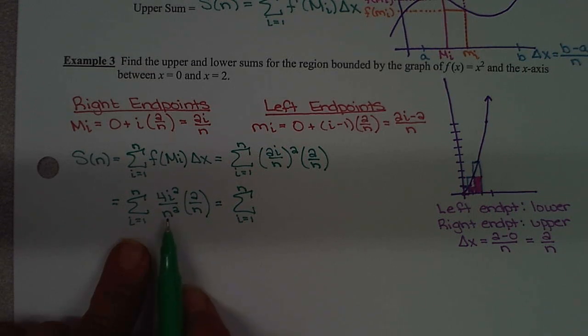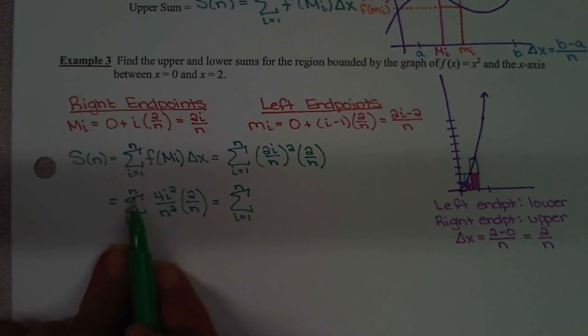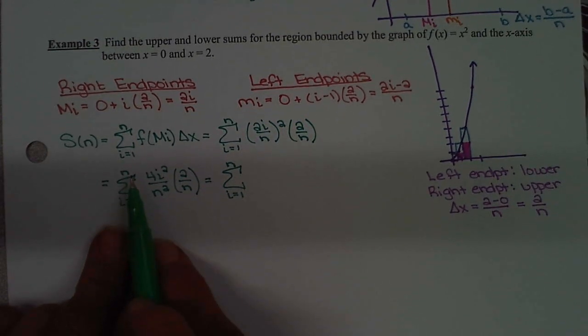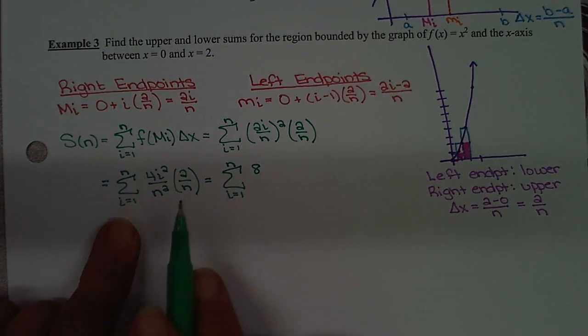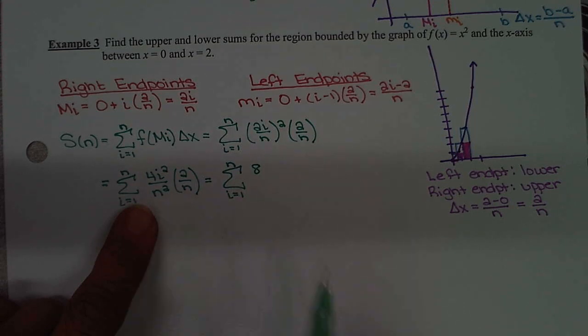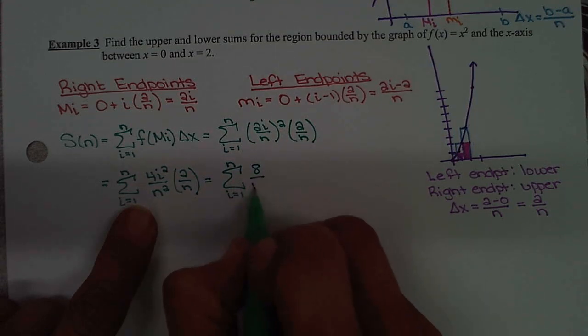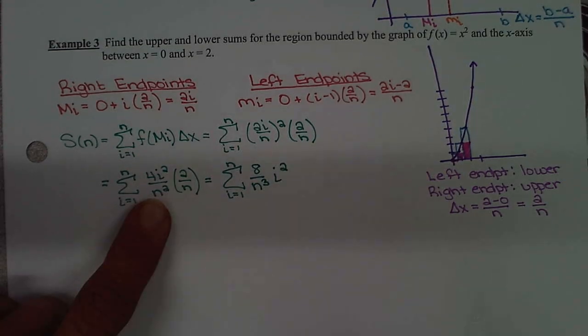Now, the n is going to be different depending on how many rectangles we choose, but once you choose the number of rectangles, there's nothing more that you're going to have to end up doing to that n other than just straight plugging in. So that represents a constant. So the 4 times the 2 is going to make an 8. The n squared times the n in the bottom is going to make an n cubed on the bottom. And then I have this i squared term.